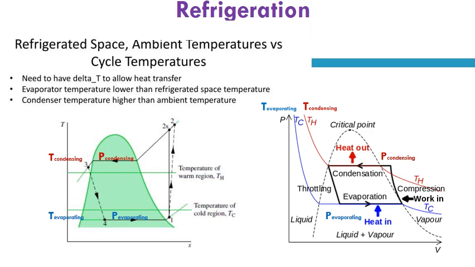Also, the condenser temperature must be higher than the ambient temperature, at which the heat will be rejected from the condenser during desuperheating, condensation, and subcooling to this temperature of outside temperature, even using air, or later on as we can use water for cooling, associated with cooling towers and cooling water circuits.